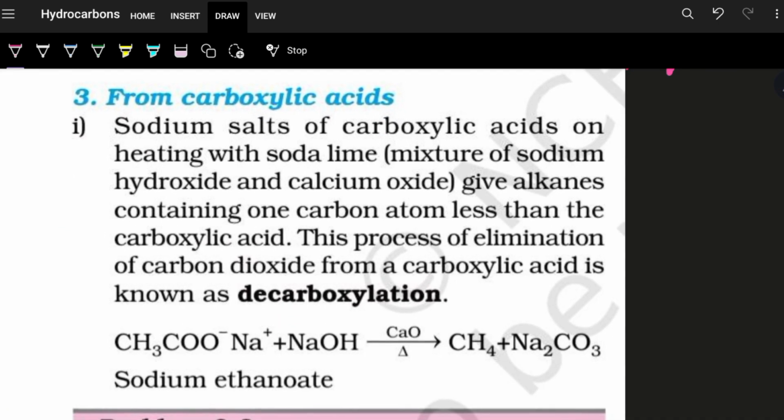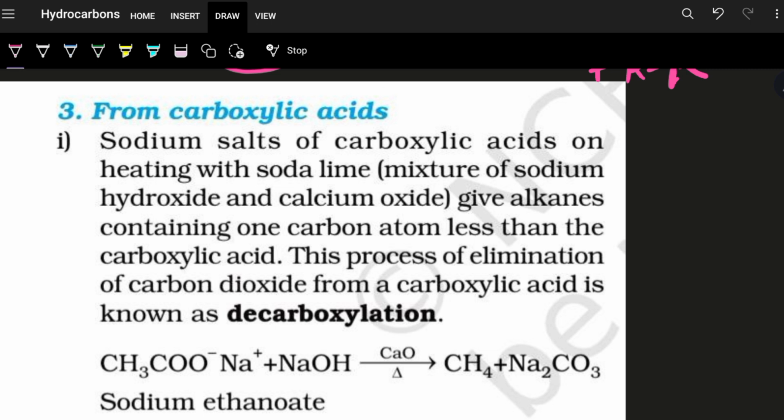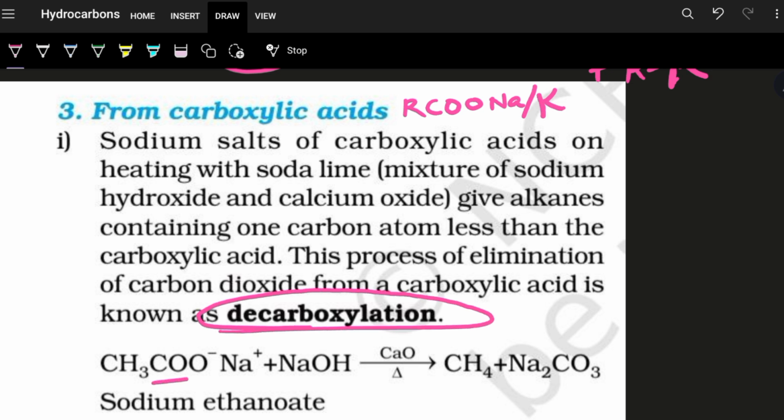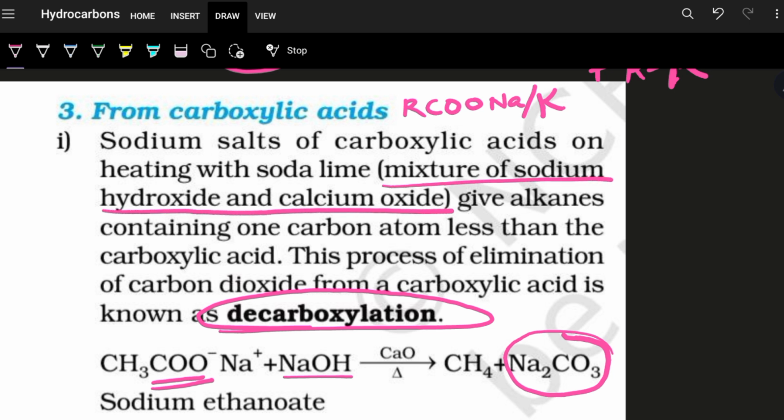Now, from the sodium or potassium salt of a carboxylic acid, so we can say RCOONa or RCOOK, by the method of decarboxylation, meaning removal of CO2, and this CO2 combines with NaOH to give Na2CO3. The mixture of sodium hydroxide and calcium oxide, that is sodium hydroxide and quicklime, is known as soda lime.